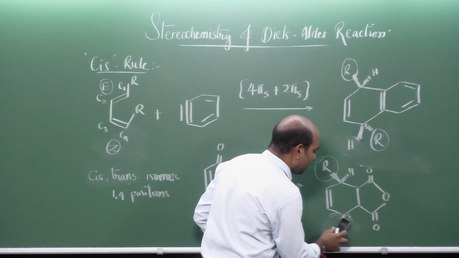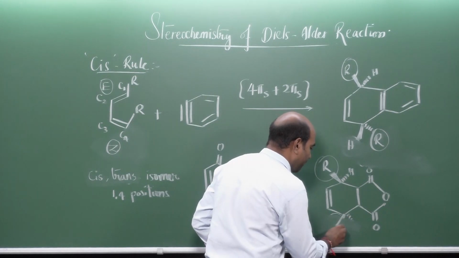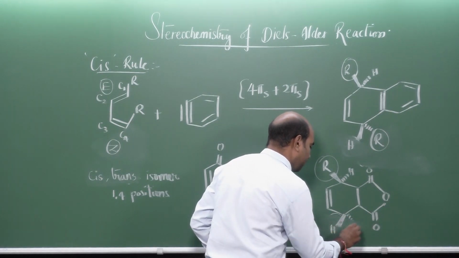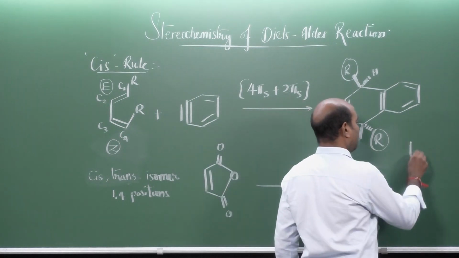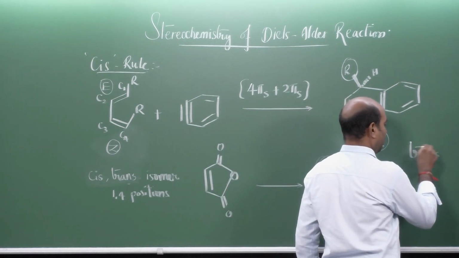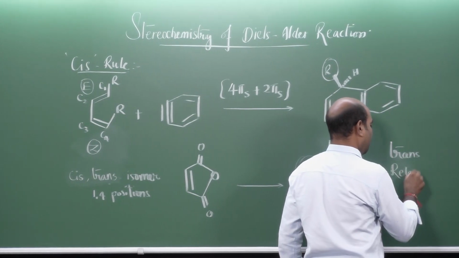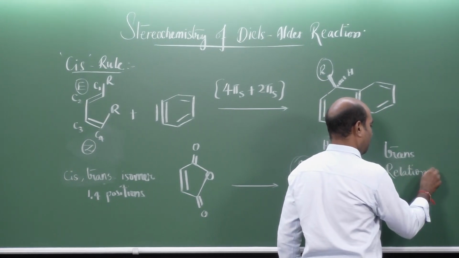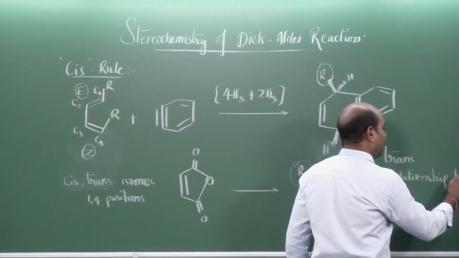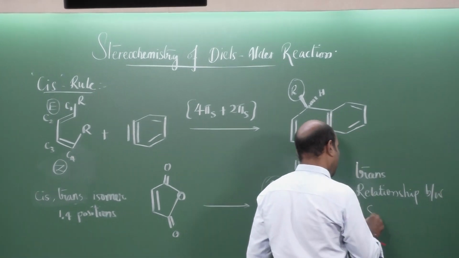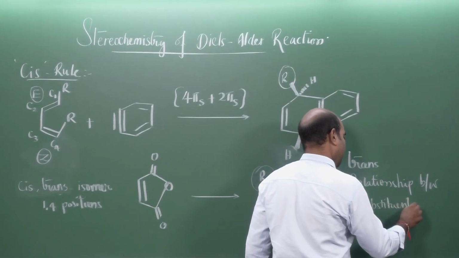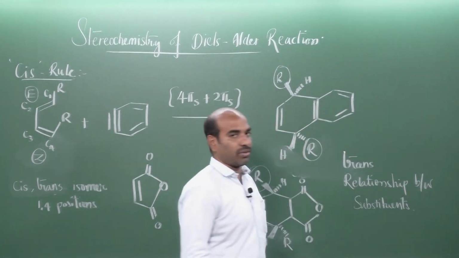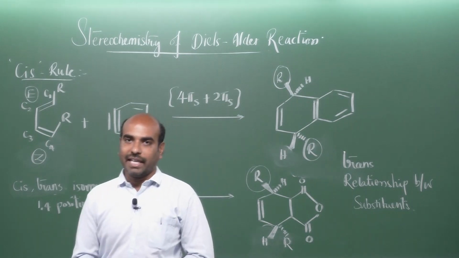So, the same is observed here as well, trans relationship between the substituents. So, this is the second rule with respect to the diene.